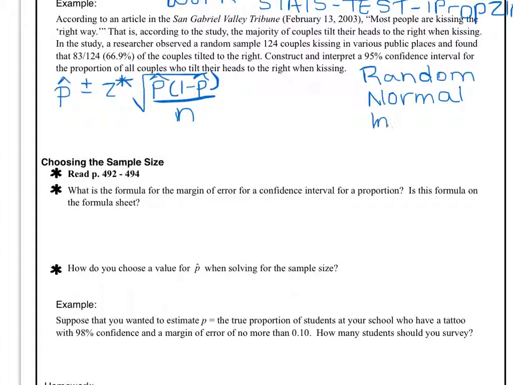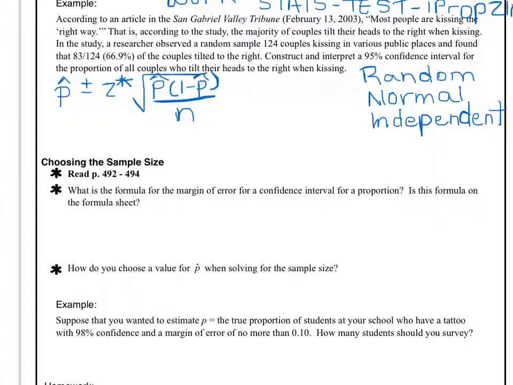Then I need to say independent. Okay, this is sampling without replacement, so it's not independent on its own. But what I can say is that because there's only 124 couples in the sample, I can be sure that there are more than 1,240 couples total. So all of my conditions are met.